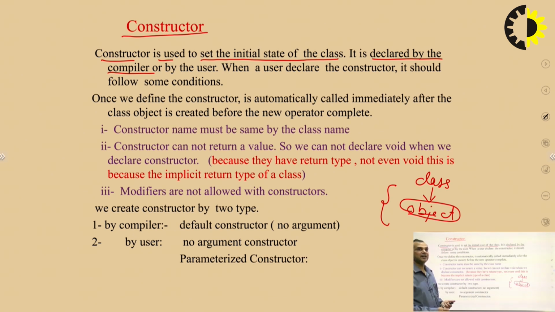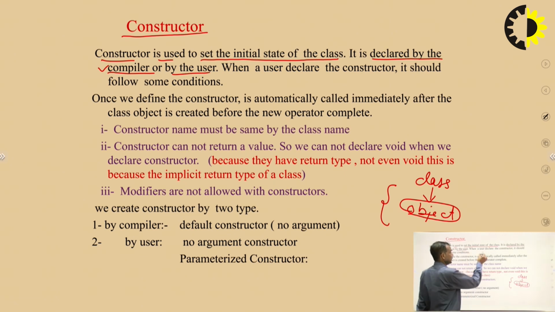So if the user does not define a constructor inside the class, when we compile, the compiler declares a constructor. When we execute the class, the compiler checks it must have a constructor, either declared by the compiler or declared by the user.